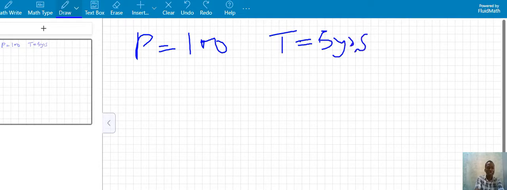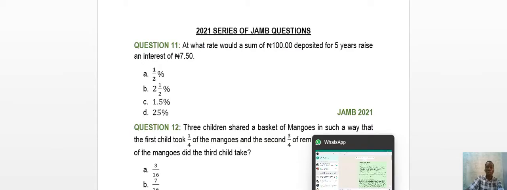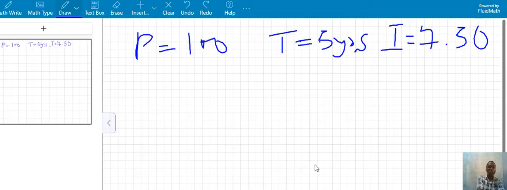Now remember that the interest accumulated I is equal to 7 naira 50 kobo. I guess you remembered, and that is the question. Now if we look at the question, it says at what rate? That means we are requested to look for the rate. So what we are looking for now is R, which is the question mark.